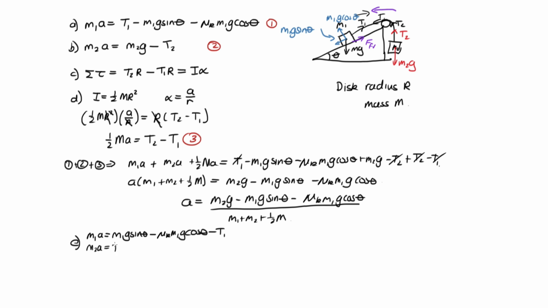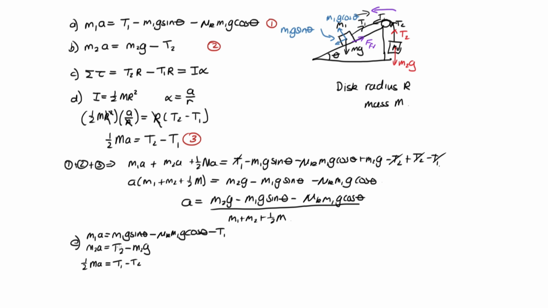M2a, we've now got it's being pulled up, so T2 minus m2g, and our moment of inertia is also in the opposite direction, as now T1's bigger than T2. So we've got a half Ma is equal to T1 minus T2.